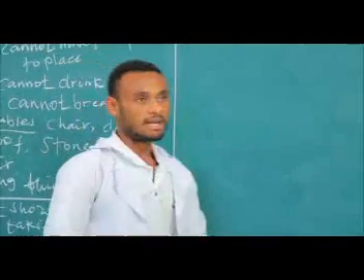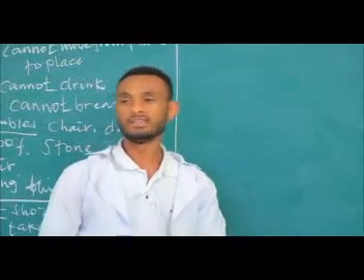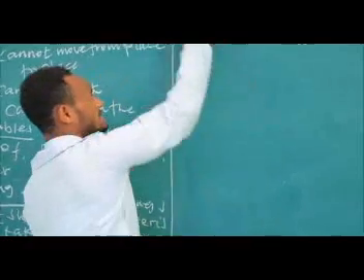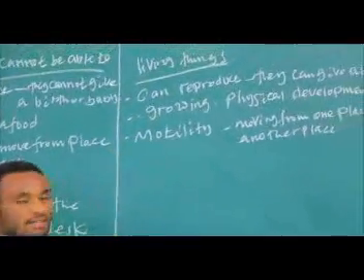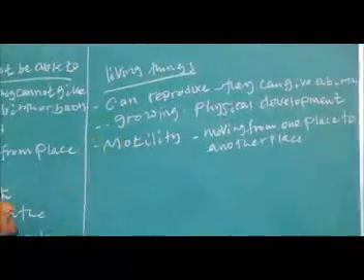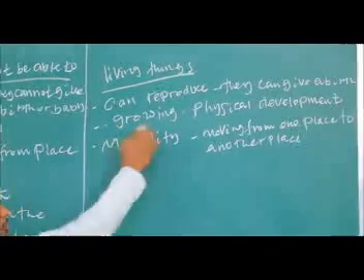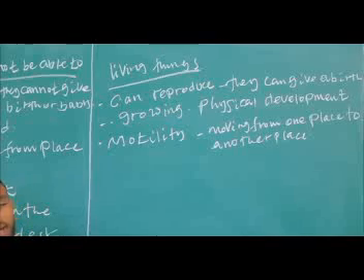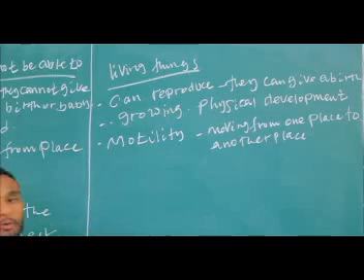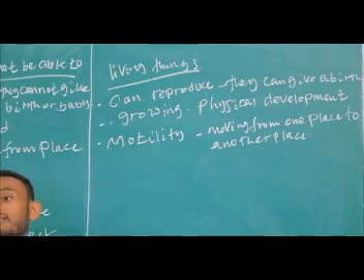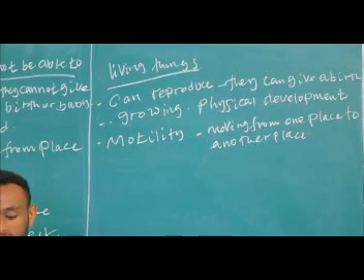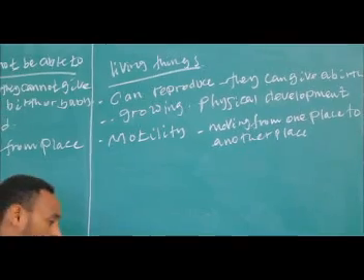So living and non-living things can be differentiated by these three basic characters: by growing, by moving from one place to another, and by reproducing, or giving birth to a baby or a child. This is the main character of living objects.